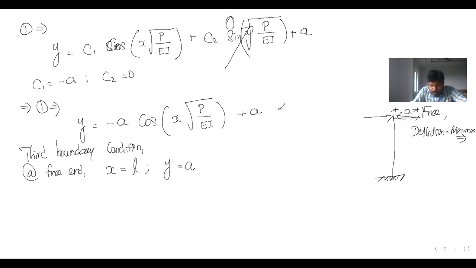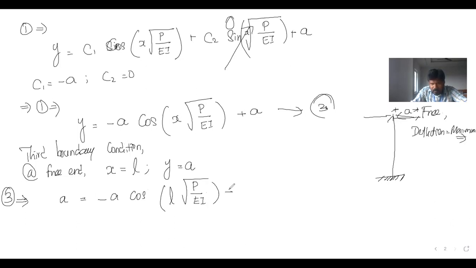If I substitute in this equation, then the equation becomes y is equal to A minus A into cos, instead of x I substitute L, into root P by EI plus A. So these two get cancelled, plus A and minus A becomes 0.